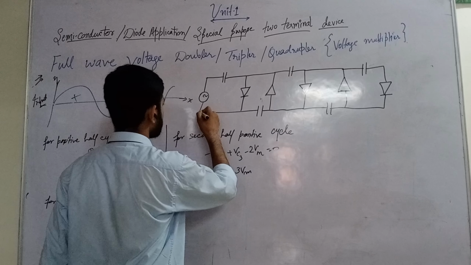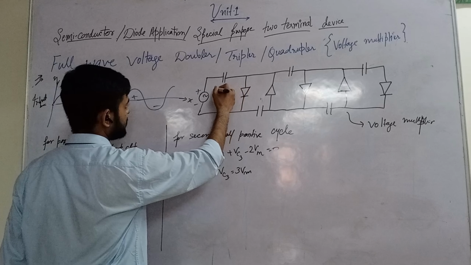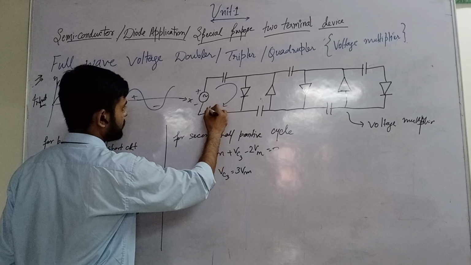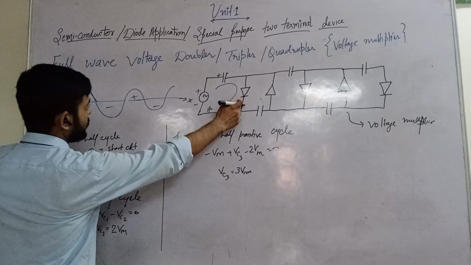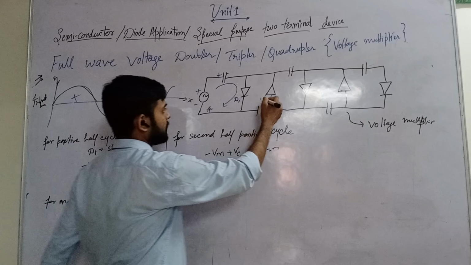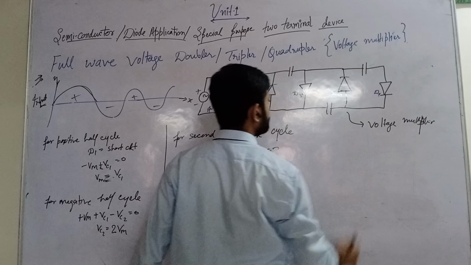If we check, this is positive. Now let's solve this. Positive, negative. Positive, this is working on forward bias, positive, negative charge. So we can see that there are D1, diode 1, diode 2, diode 3, diode 4, diode 5.